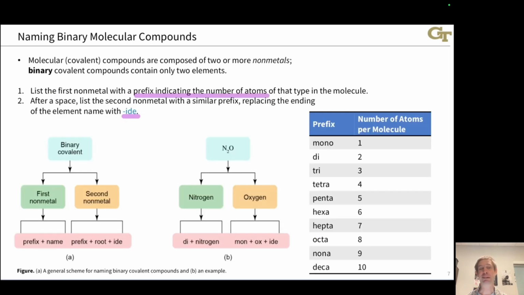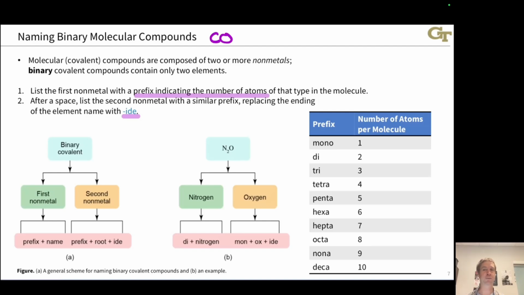In binary molecular or binary covalent compounds, that's not the case. We again have two elements. We'll have the first nonmetal and the second nonmetal, but they might exist in different ratios, right, in different compounds. A simple example of this is carbon and oxygen.